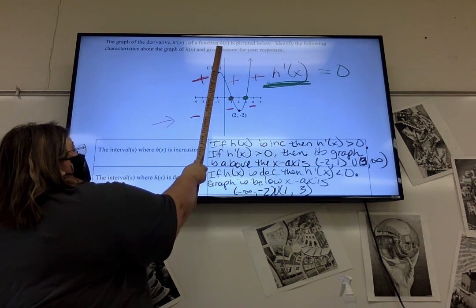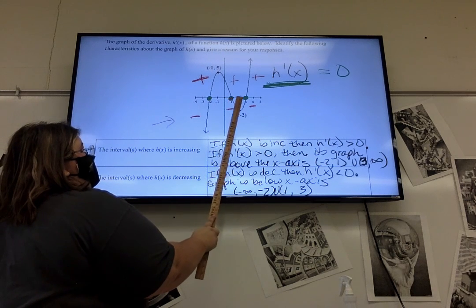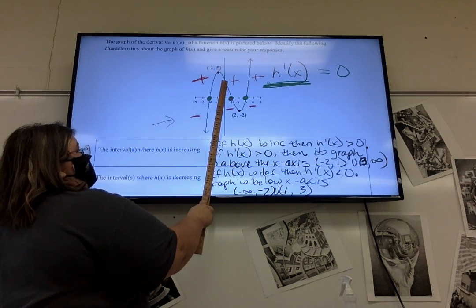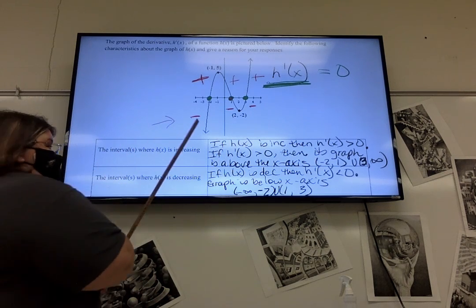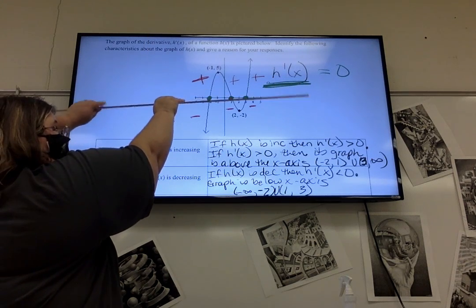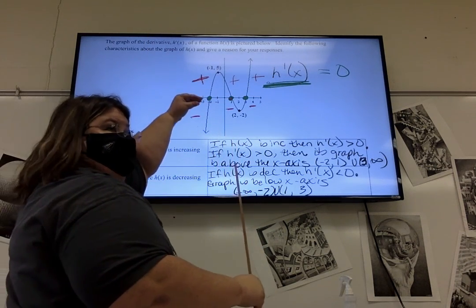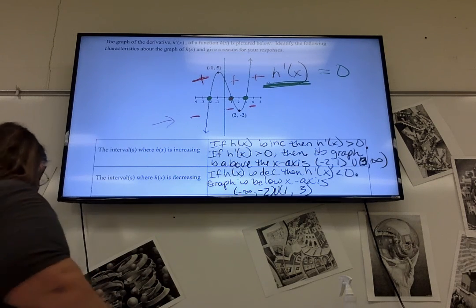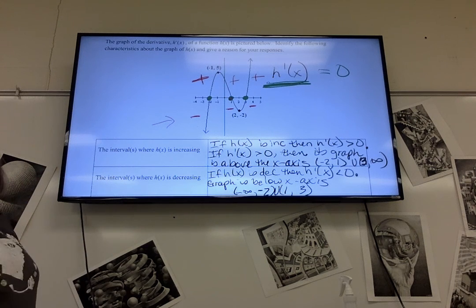So in order to find a maximum, you need to know where the derivative is equal to 0 and where it changes from positive to negative. Because that means that on the original graph, they were going positive, it went to 0, and then they went negative. So that gave you a maximum. That one's going down, though. It does not matter if that graph is going down.